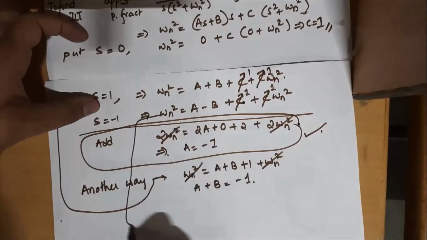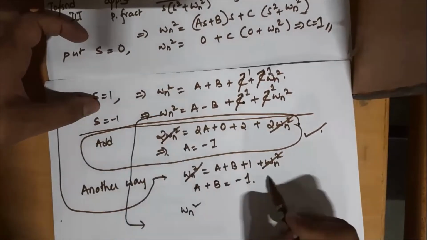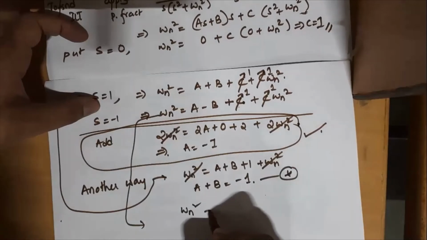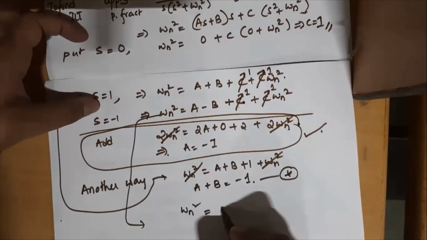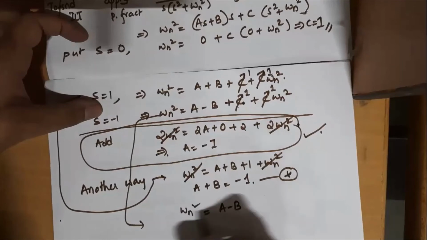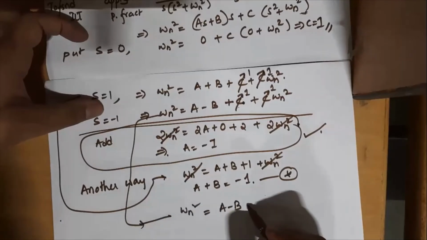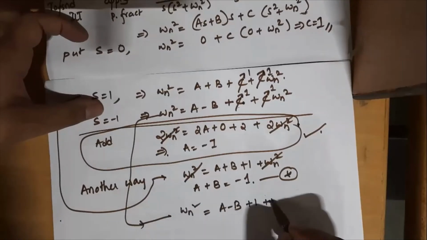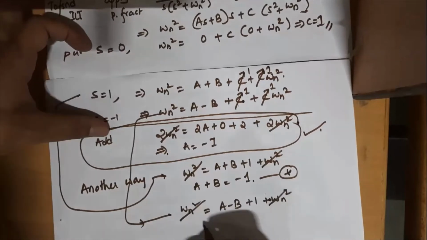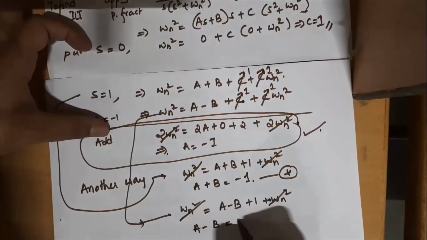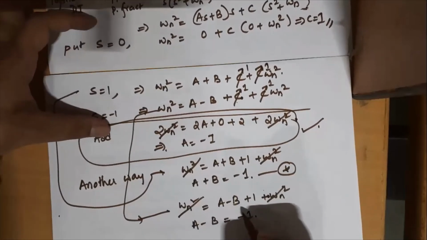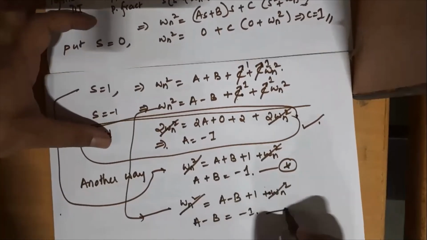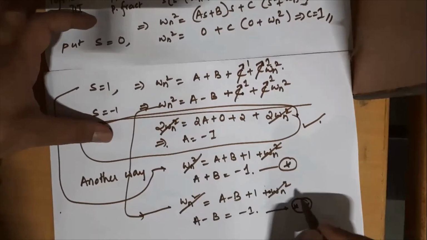Okay, that's fine. Similarly, write the second equation. I'll name the first equation as star, and similarly the second equation is omega n square equal to a minus b plus omega n square. So again, omega n square will vanish. So we have a minus b equal to minus 1 now. Cross verify this. Let this be double star.